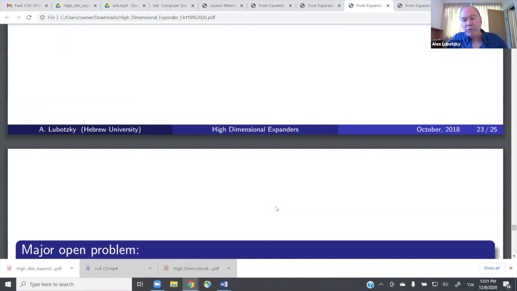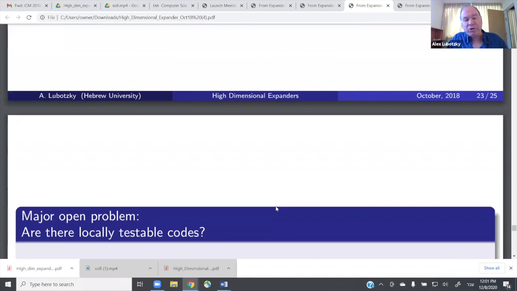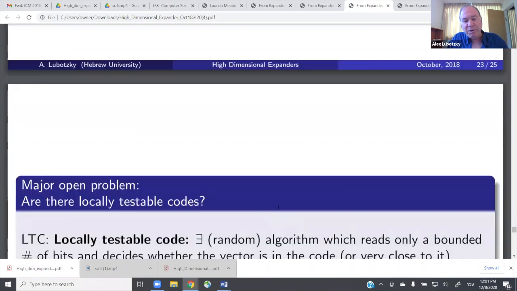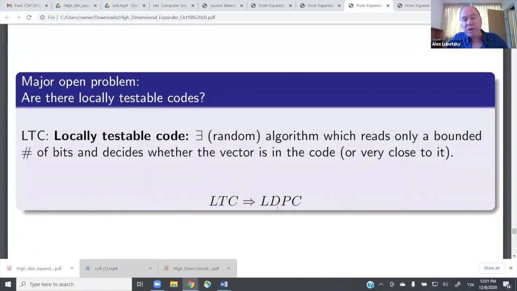I want to say first a major open problem which is related to all this, and I want to explain why I believe that high-dimensional expanders can be a key to solve this problem. A few of us have been working on that already for two or three years. All the time we feel that we are almost there, but so far we haven't managed to prove it. And this is the notion of locally testable code.